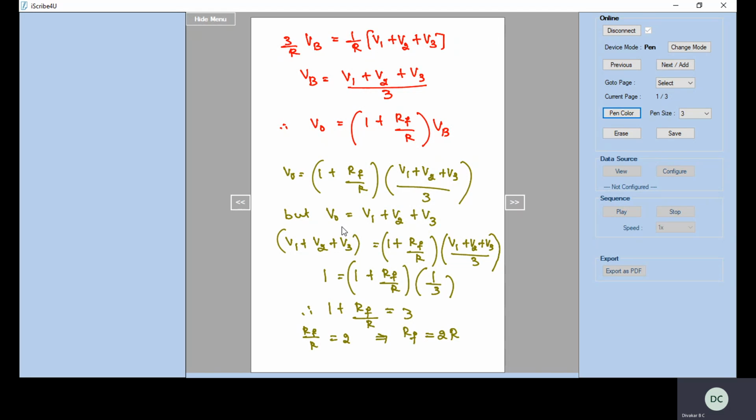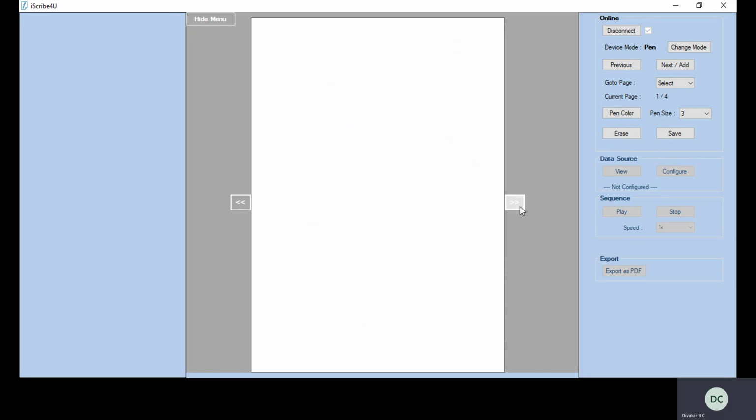Next, let us consider the next numerical. Given the gain of an operational amplifier is 8, determine the value of the resistance RF.